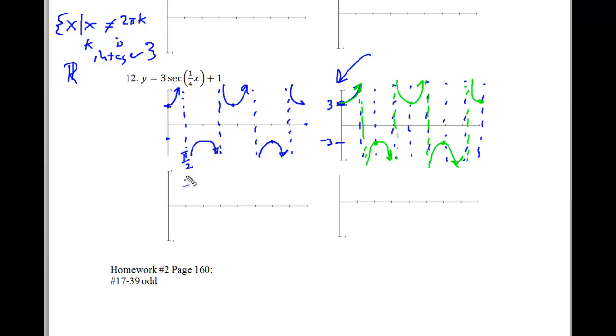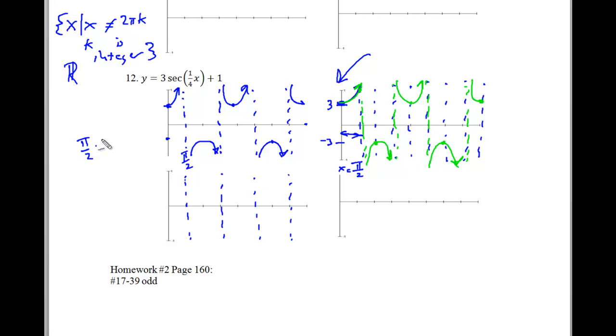Asymptote lines are rocking at each of these positions, but now we have to mess with the omega, which is going to affect our period or cycle. So what we notice is that our first significant place is this x equals pi over 2 asymptote line. So if that's the width of one gap there, I'm going to take that gap and divide it by my omega to figure out the size of the new gap.